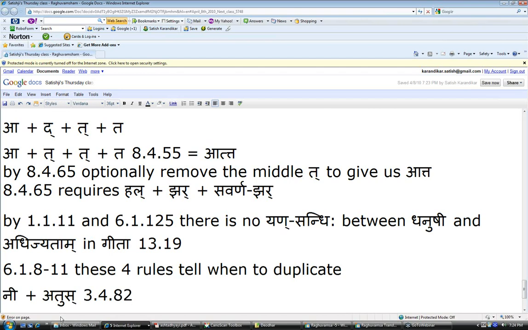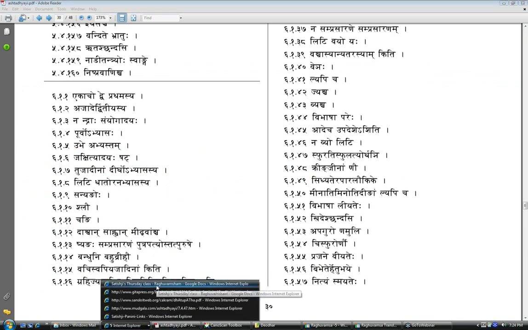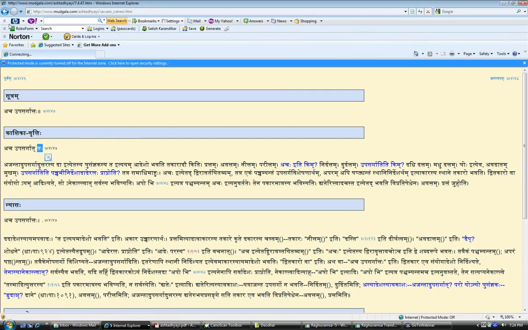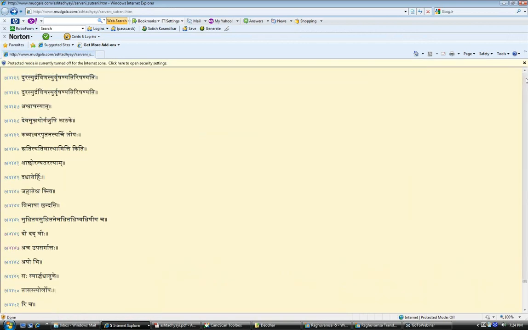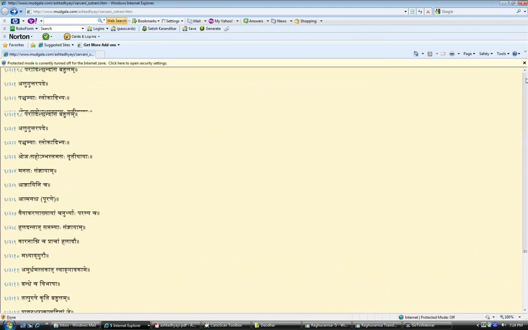So when duplication is pending, you wait and do the duplication first, and only then can you do any ajadesha, like yan and so on. Many times it will not make a difference, but sometimes it will.